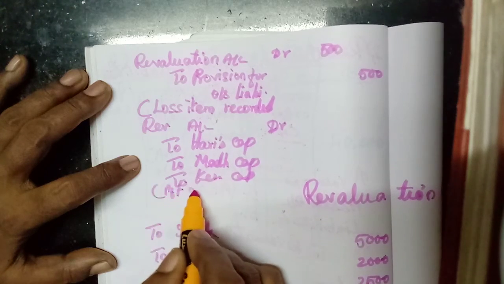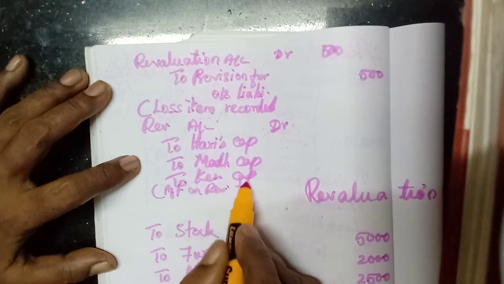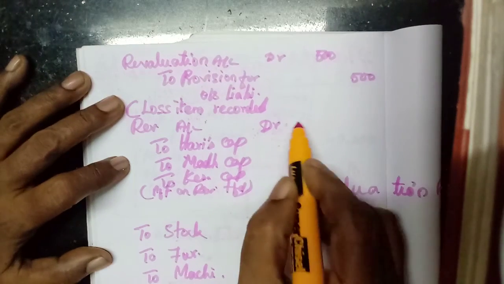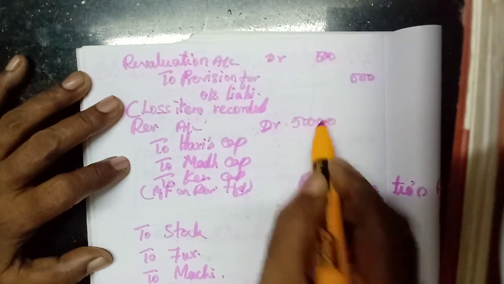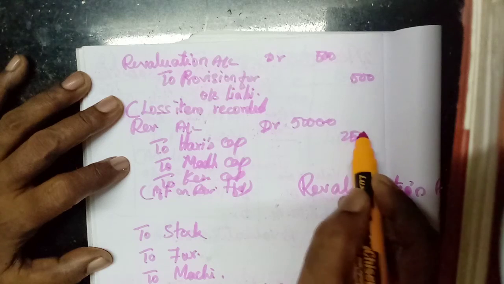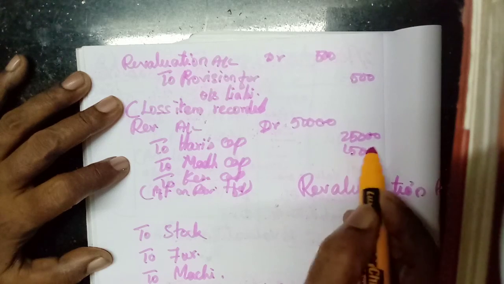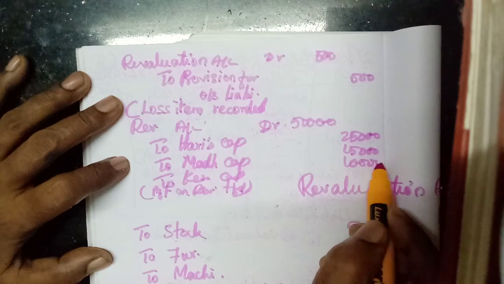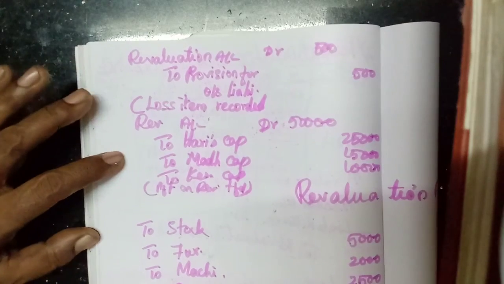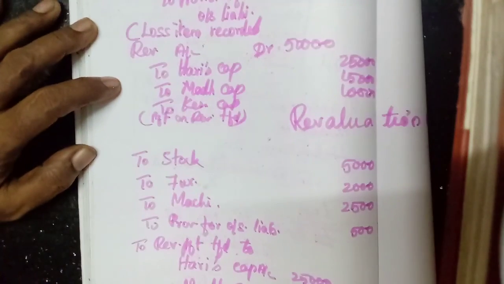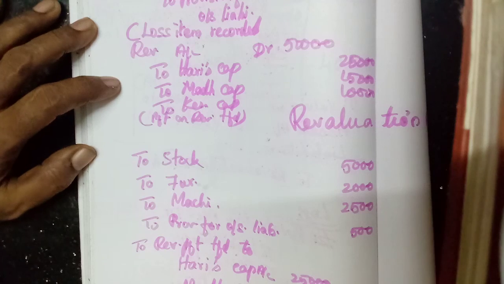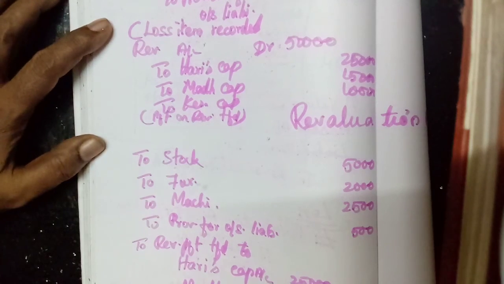Profit on revaluation transferred. Here total 50,000, here 25,000, 15,000, 10,000. That's all. That problem got over. We will do the other problems in the next class. Okay, students, thank you very much.